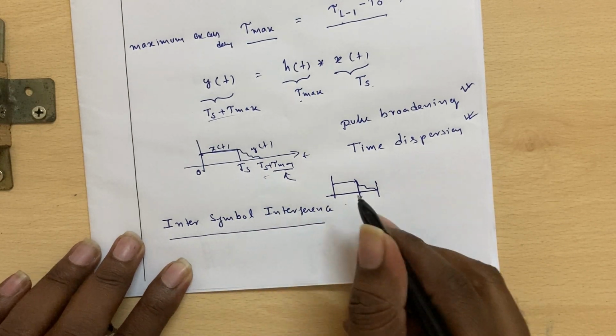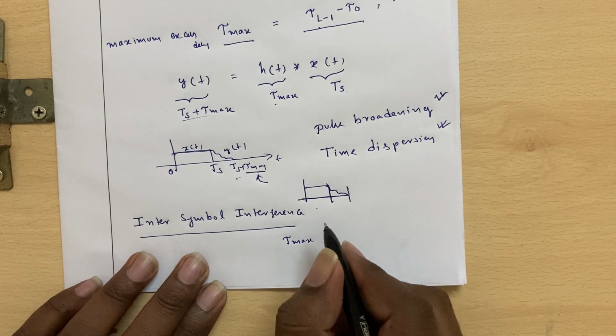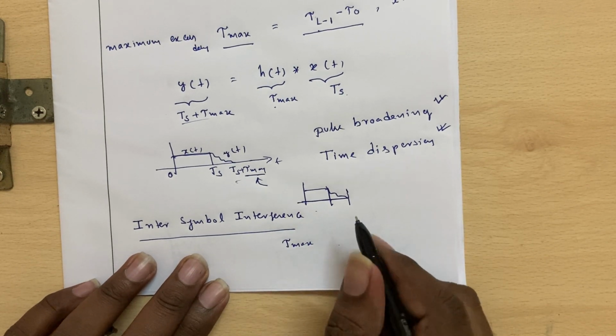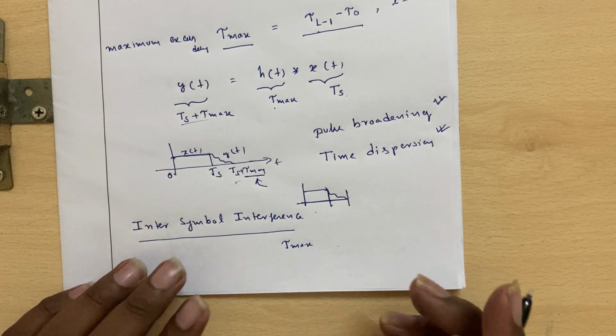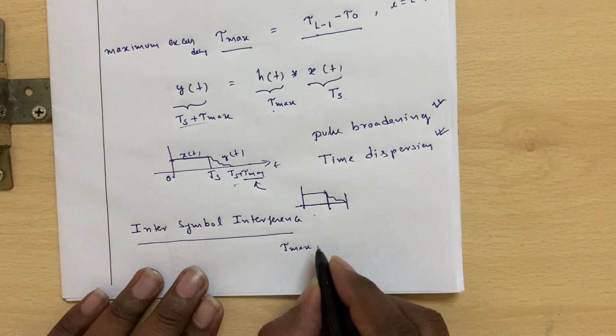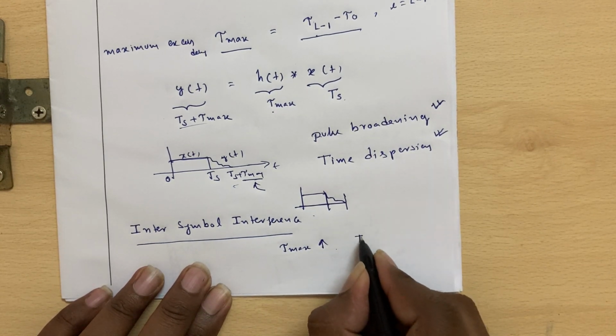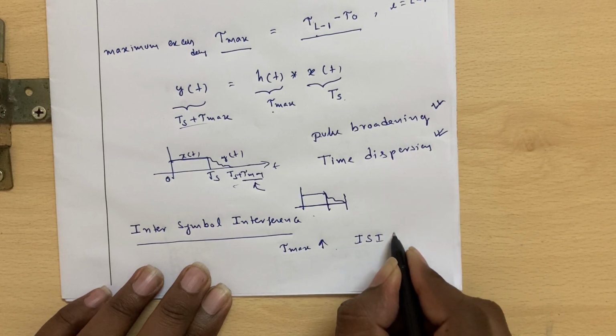So we just now described this. As tau max increases, meaning the total excess delay is increasing, the time span of the impulse response will be increasing, and so as tau max increases, ISI will also be increasing.